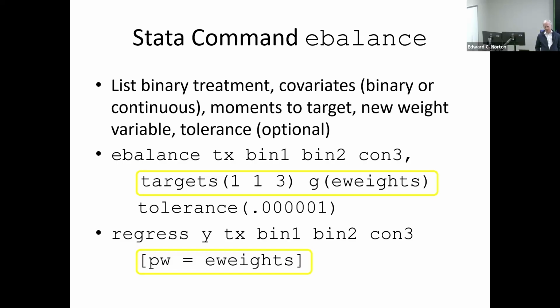Let's say you have 100 variables in your claims data set, and some of them you don't think are going to be associated with your ultimate outcome that the treatment's going to act on. Should you still include those? No. To repeat the question, which variables should you include in the entropy balance? I would include what you are using in your analysis. You don't include all the other random stuff that's not really part of your study.